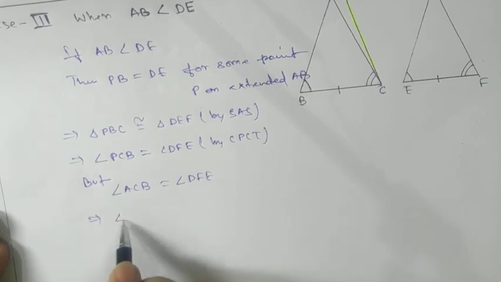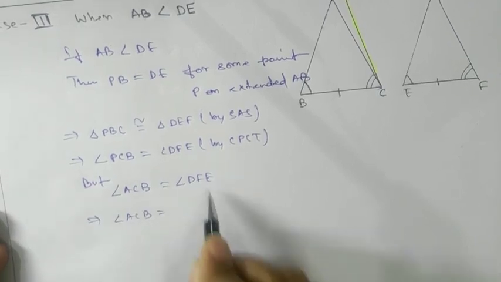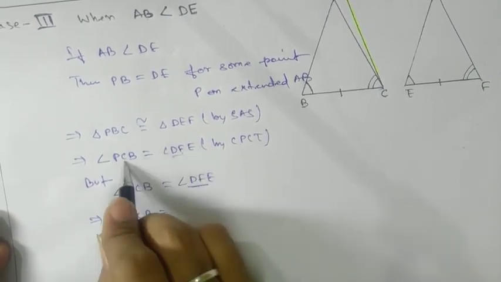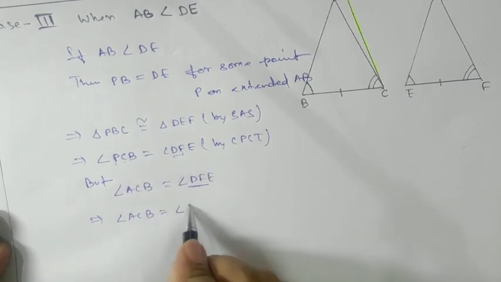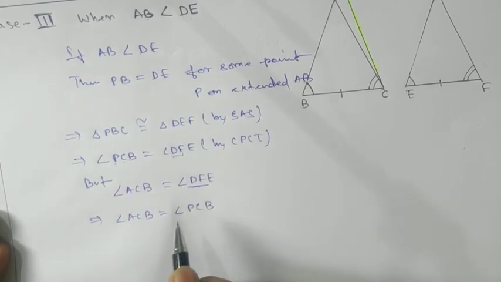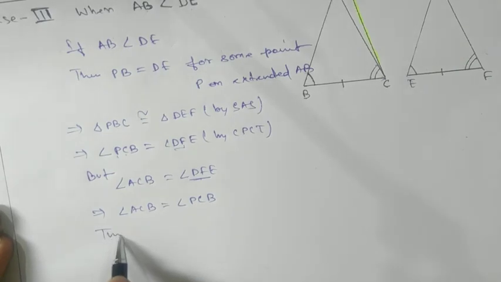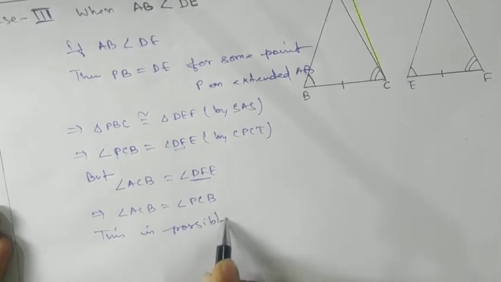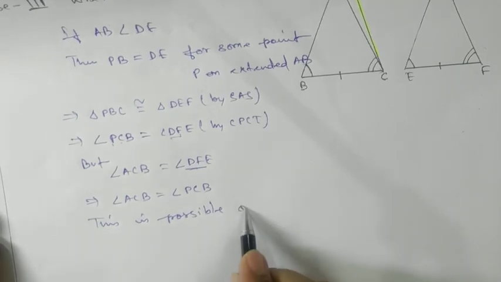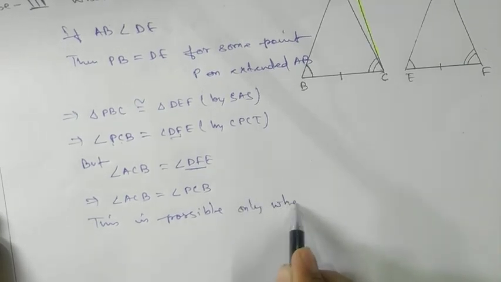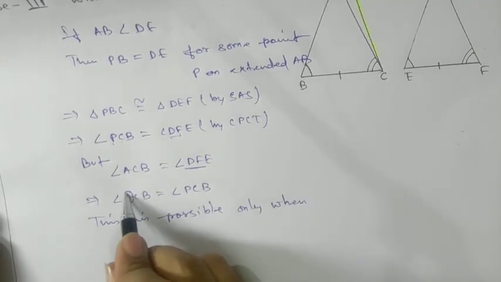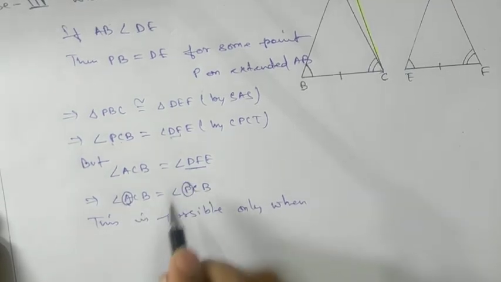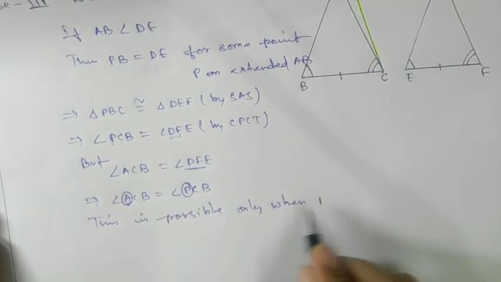This implies angle ACB equals angle PCB. Again this is possible only when A and P coincide.